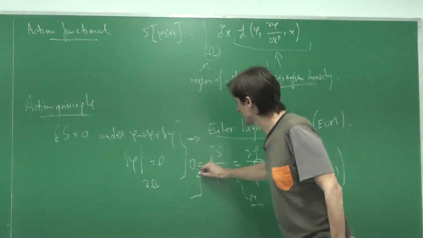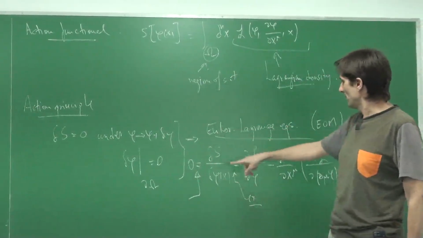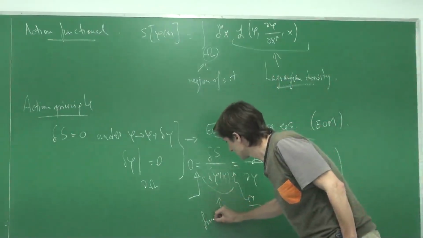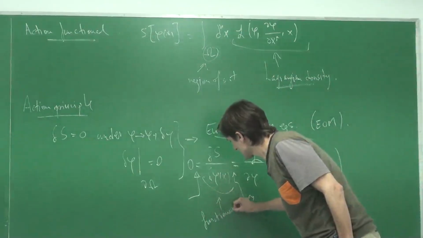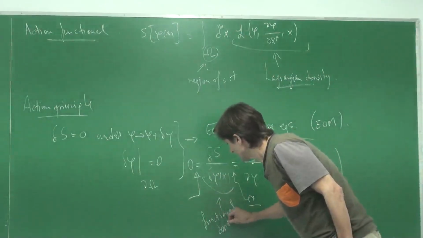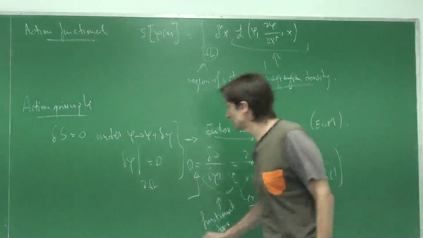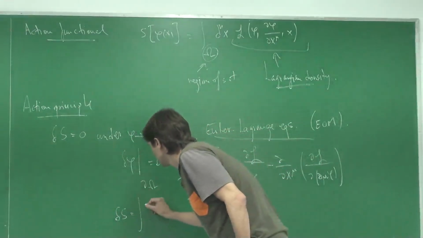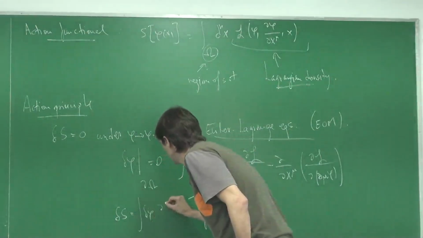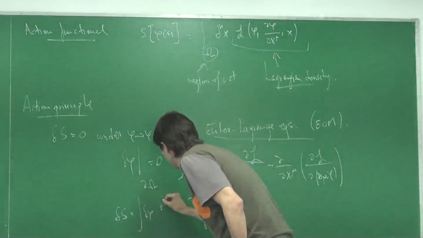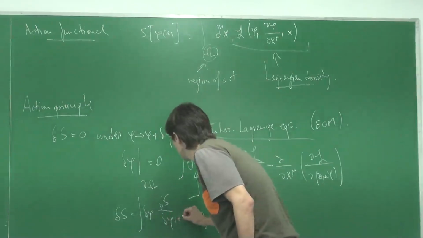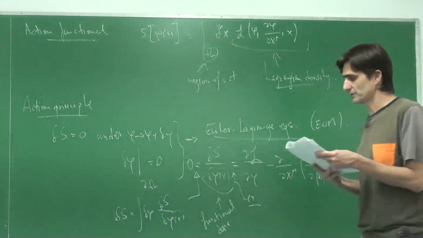Okay, this comes because of this functional derivative, and the definition of functional derivative is, if you take the variation of the action, then the integral here is your definition of functional derivative.